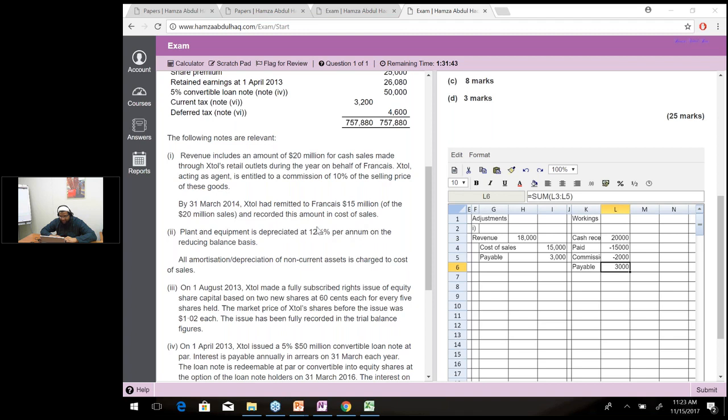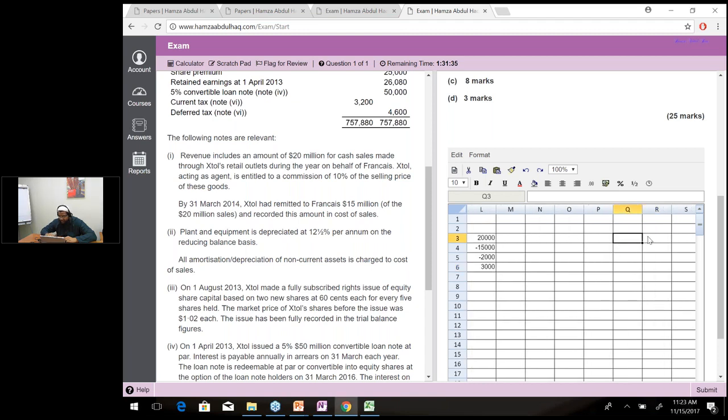Hamza is saying the amount paid of 15,000 will not be recorded by crediting bank. Actually, Hamza, if I write down the correct and the incorrect entries, the correct entry was bank debit by 20,000, bank credit by 15,000.